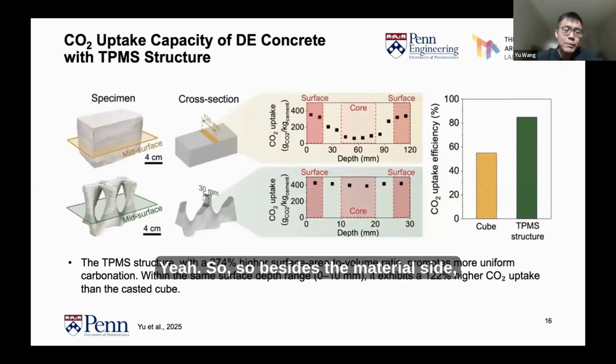Yeah, so besides the material side, we also further studied the structure side, how we can use the TPMS structure to enhance the CO2 diffusion. If we look at this, the top and bottom, there are two types of sample, which is the regular cast traditional concrete sample, which is a solid block.